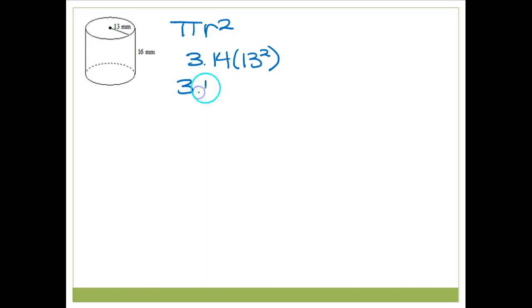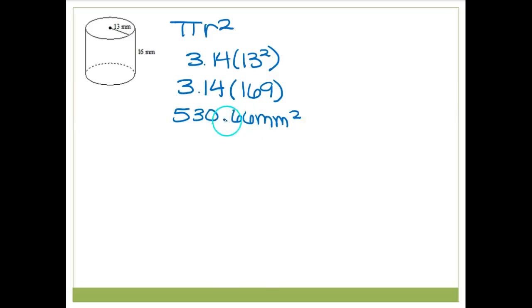So 3.14 times 169 gives us 530.66 millimeters squared. Now this is the area of our base.